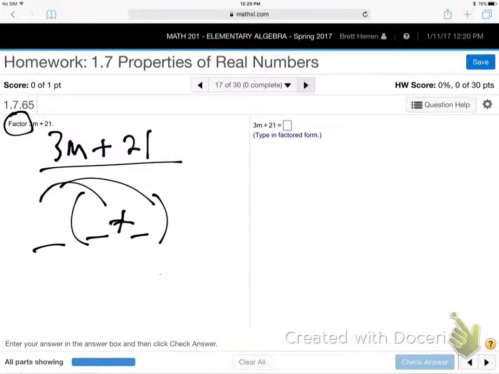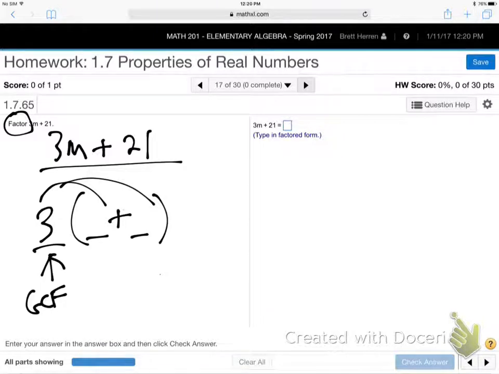So how do you know what goes in the front here? It's whatever number goes into those 2. So that's a 3. That's a plus. It's kind of a sloppy plus. Now you see how we got the 3 out there? Why did I get the 3? That's called the GCF. We'll get to it later. We'll get really serious. We'll have a whole chapter on factoring, and we'll go really slow and detailed over all this. But for now, this is a quick, small amount.